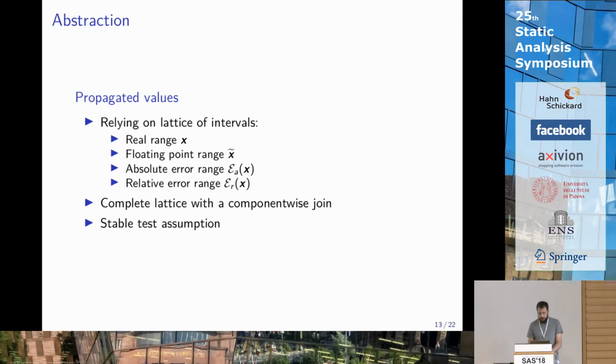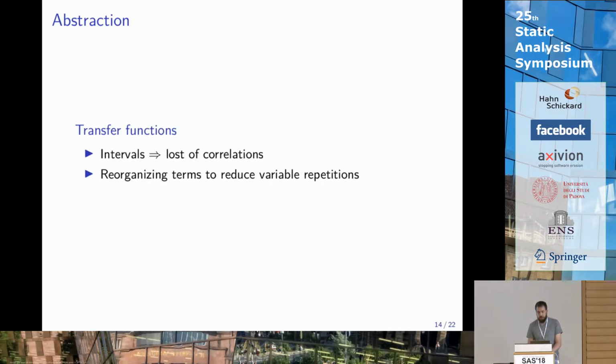Okay, so the main part of our work has been to redefine transfer functions to obtain precise evaluation, because thanks to the intervals, we lost lots of correlation between variables. So we reorganized the expressions to reduce variable repetitions.